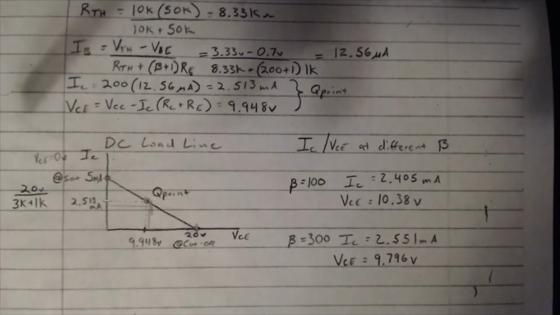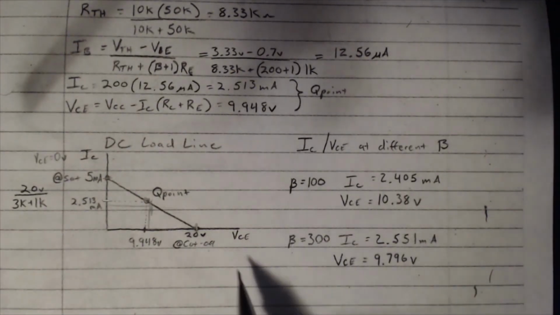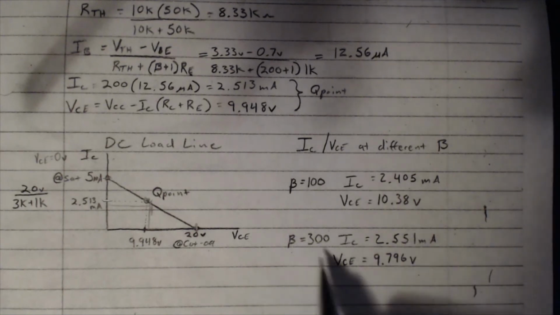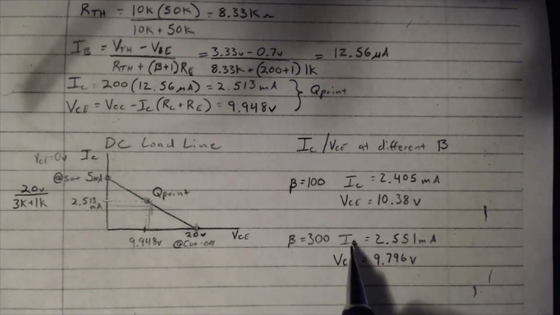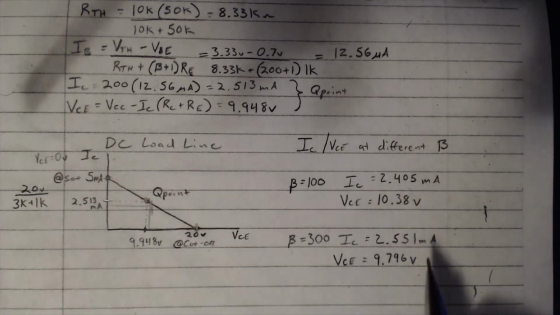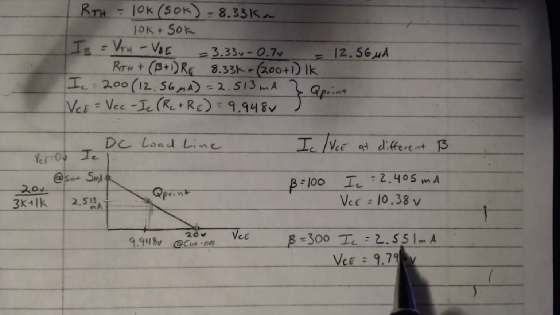Now again, if I step through the whole process, assuming that our beta all of a sudden jumped up from 200 to 300, which again, that's a huge change, well, I already solved it for you. IC would have gone from 2.513 to 2.551.